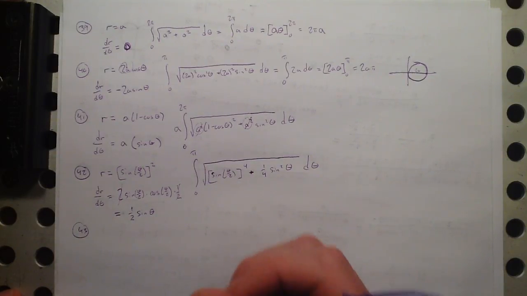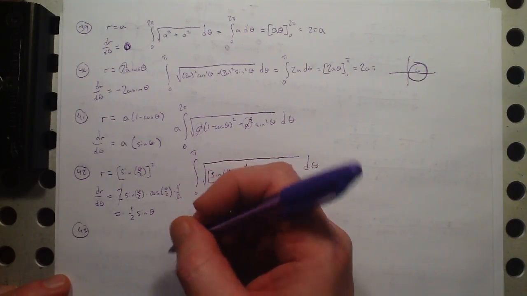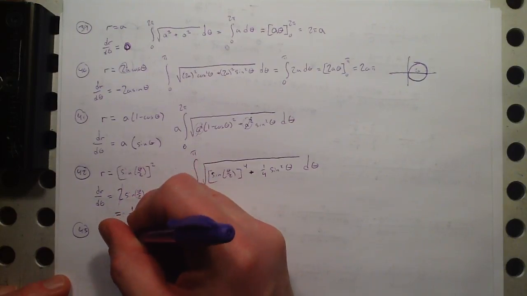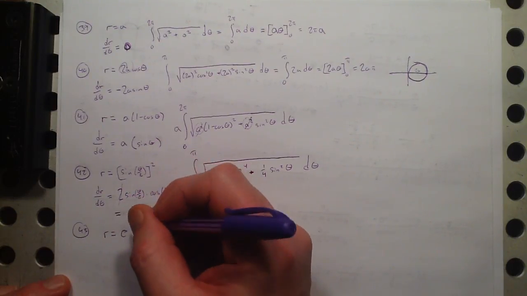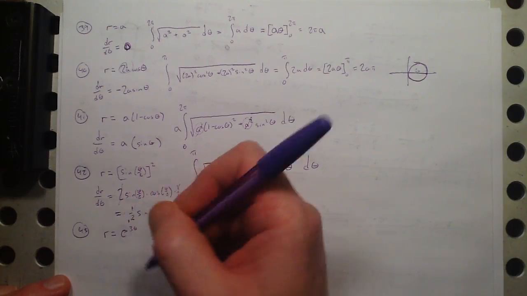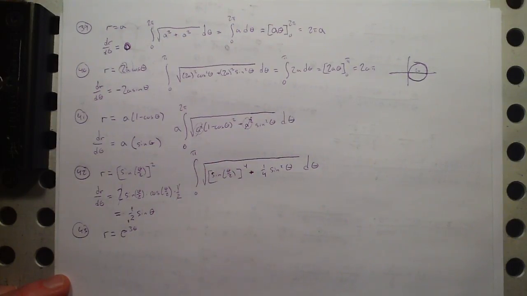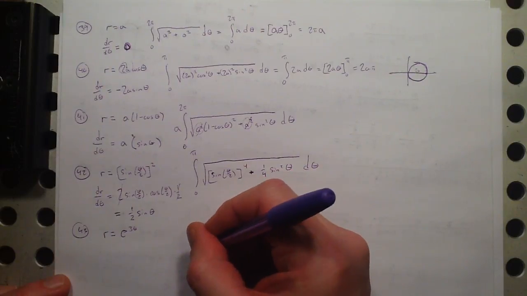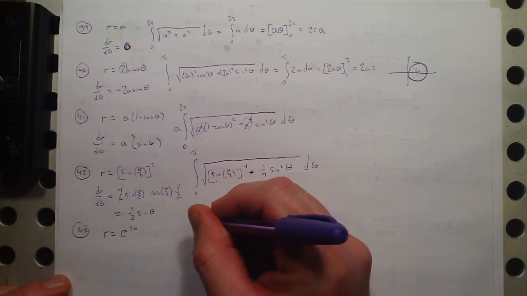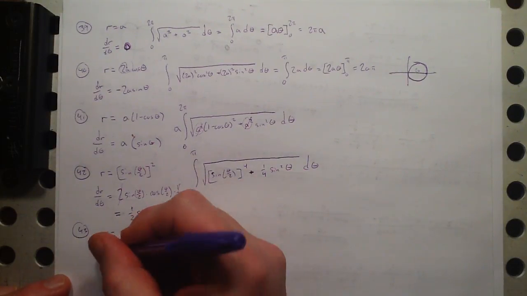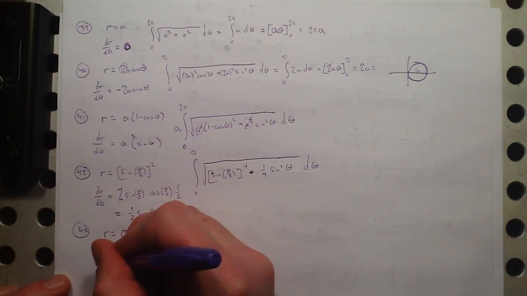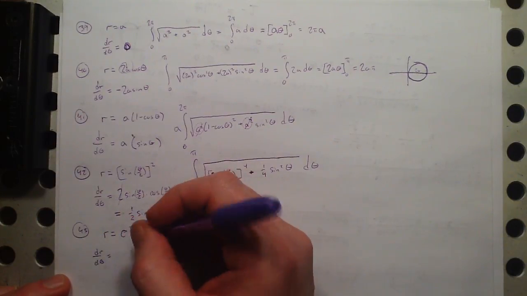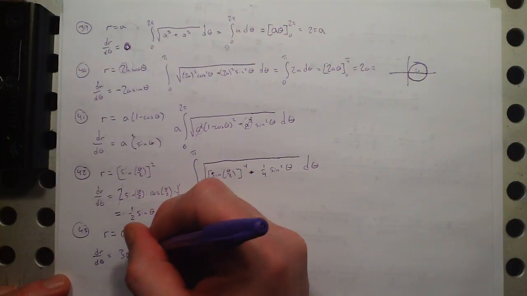Number 43. Let's see. I've got r equals e to the 3 theta. That's an exponential spiral from theta equals 0 to 2. So dr d theta would be equal to 3 e to the 3 theta.